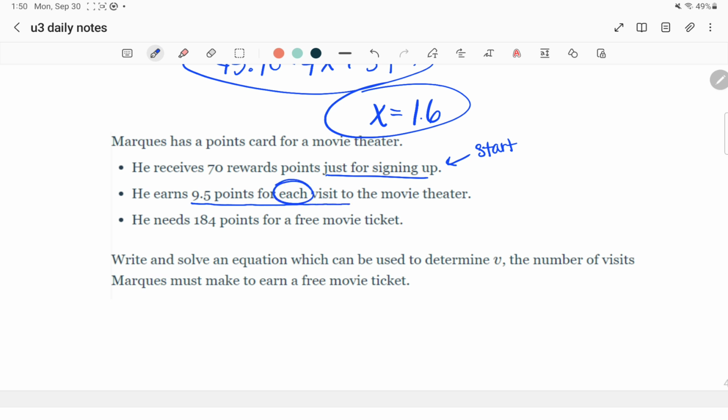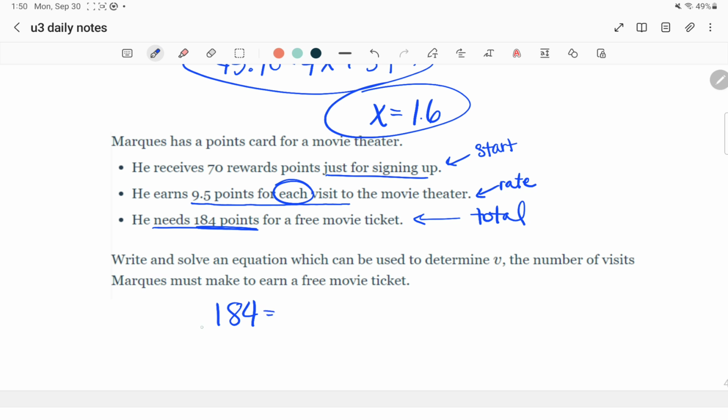There's my each word. This, to me, is the rate because of the word each. And lastly, this feels like the total to me because that's what I'm trying to get to. He needs that for a free movie ticket. So that's my total points that I'm trying to get to.